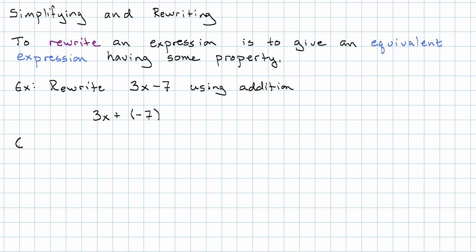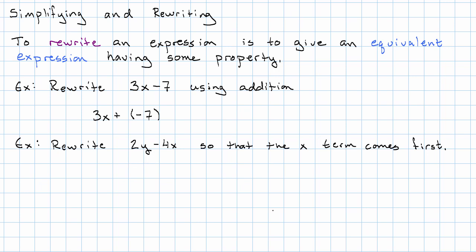Or we could say, rewrite 2y minus 4x, so that the x term comes first. Well, in order to rearrange terms, we need to use the commutative property, so we need everything to be addition.